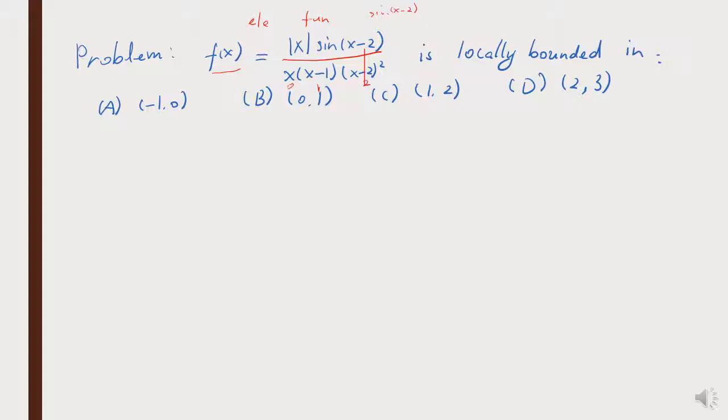So that's why the choices here are all open intervals, because at certain points the function is not defined. And from what we discussed previously, an elementary function is always continuous within its defined interval.